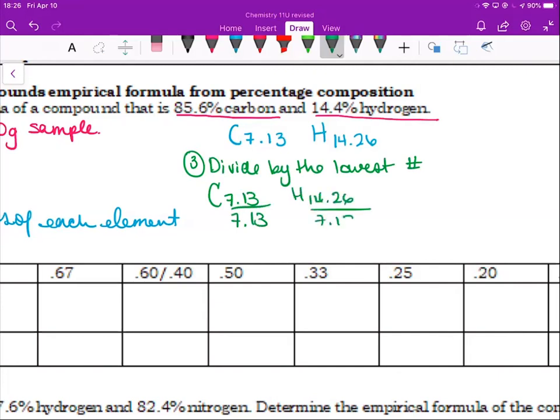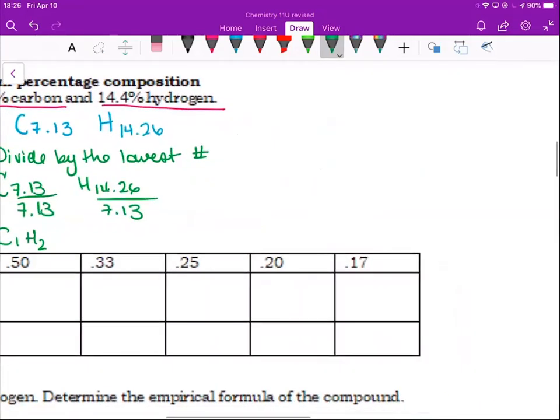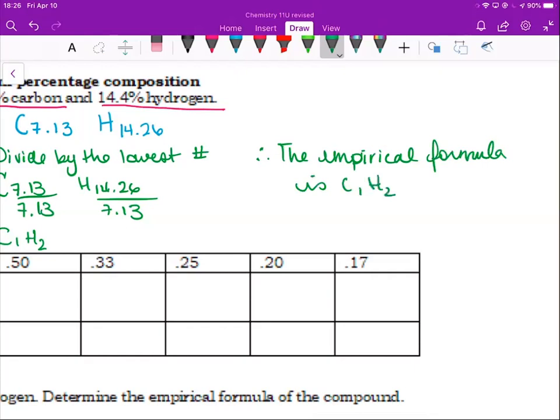And oh my gosh, 14.26 is exactly twice as much as 7.13. So the empirical formula, therefore, is C1H2. It's some sort of hydrocarbon.